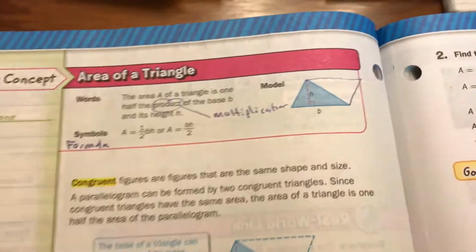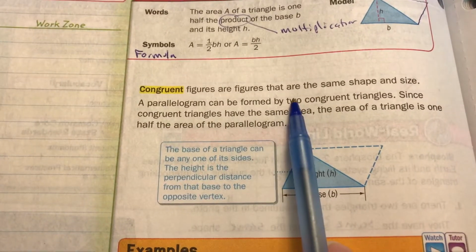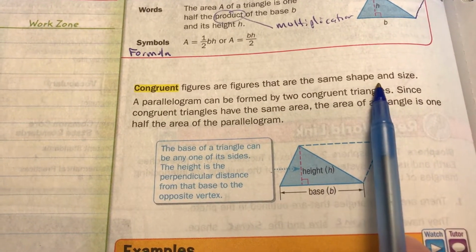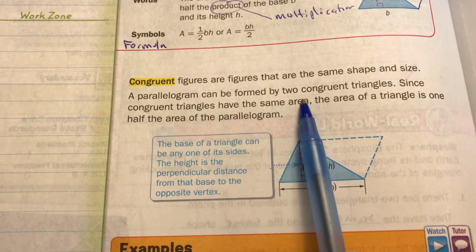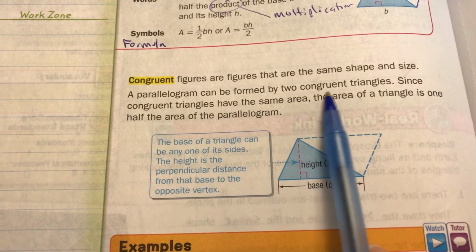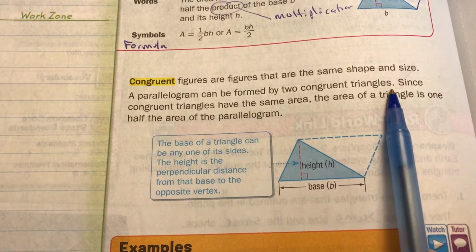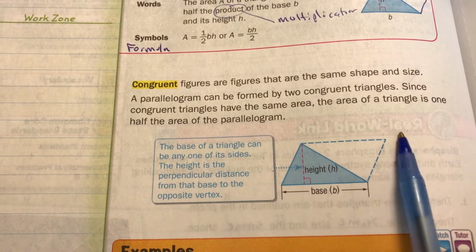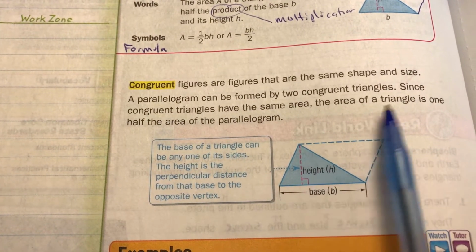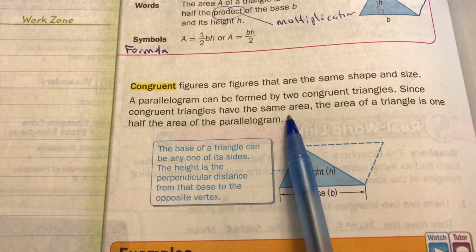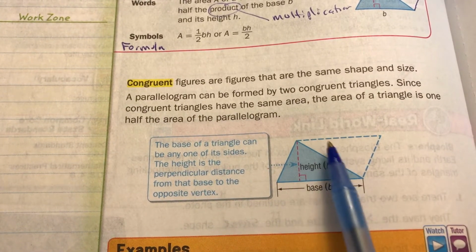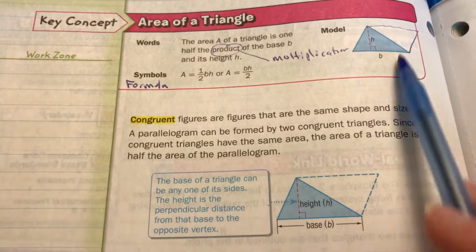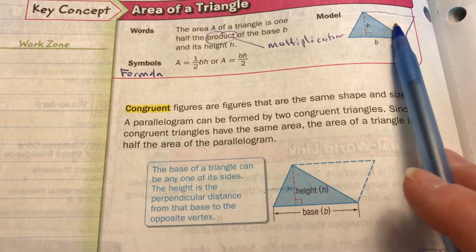So let's go to the next part. Congruent figures are figures that are the same shape and size. A parallelogram can be formed by two congruent triangles. So two triangles of the same size creates a parallelogram. Since congruent triangles have the same area, the area of a triangle is 1/2 of the parallelogram. It's just what we talked about up here.